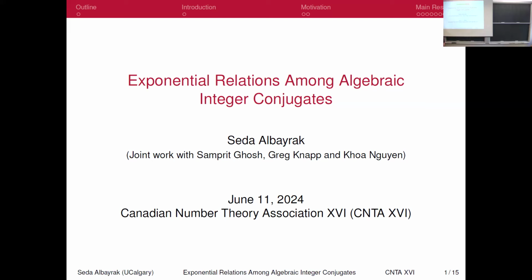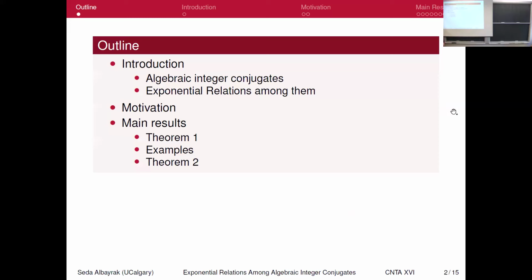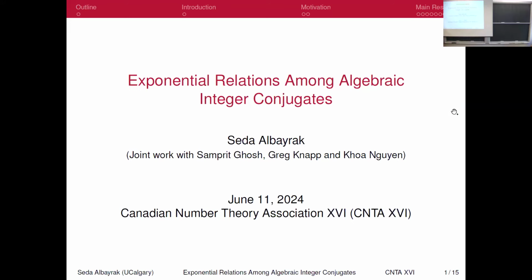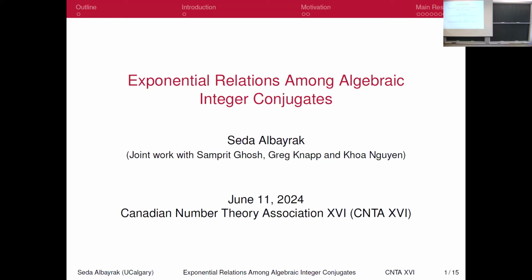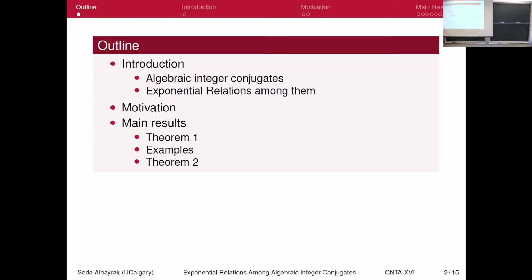So first, I have the outline. What I'm going to be doing is, well, you see the title, so let's make the title clear for everyone. I'm going to be explaining what I mean by algebraic integer conjugates, and then what I mean by the exponential relations among them.